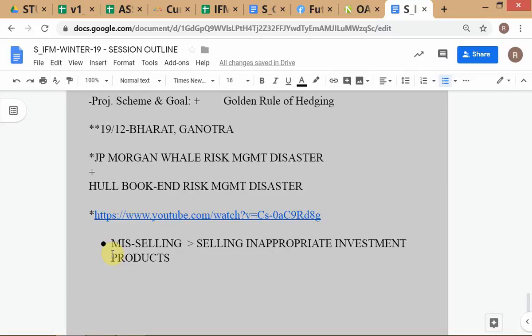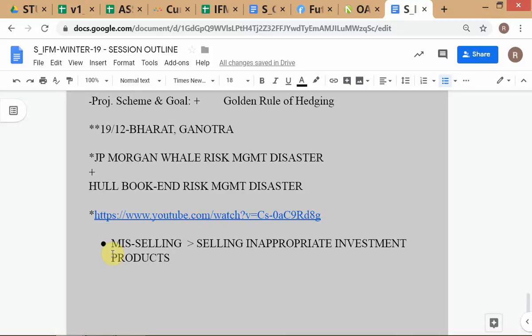So there are all these suitability requirements when you're selling. The ideal regulatory guideline applies when you're selling products to investors. Some of you have been hired into banks, and you may be in a selling position, where you have to sell products. In that case, you may face this kind of problem because there are regulatory constraints.